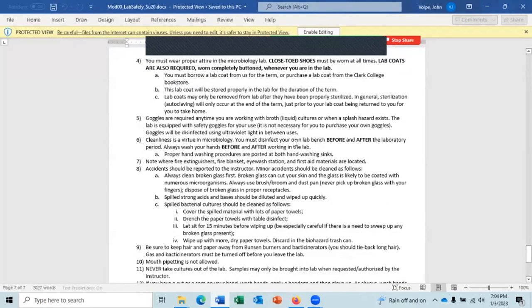Goggles do need to be worn when you're working with a splash hazard. A splash hazard would be something like a liquid culture, which could splash bacteria into your eyes.